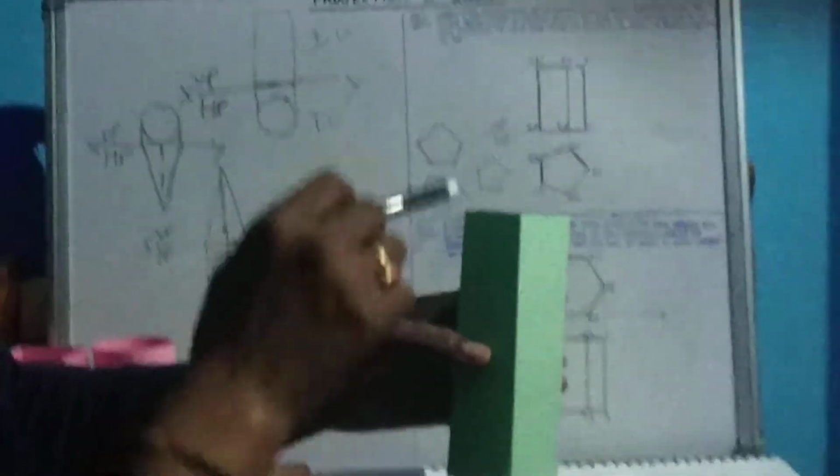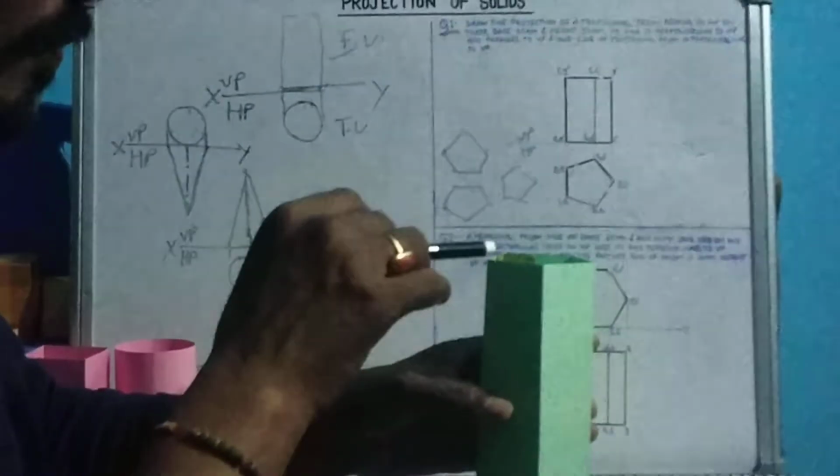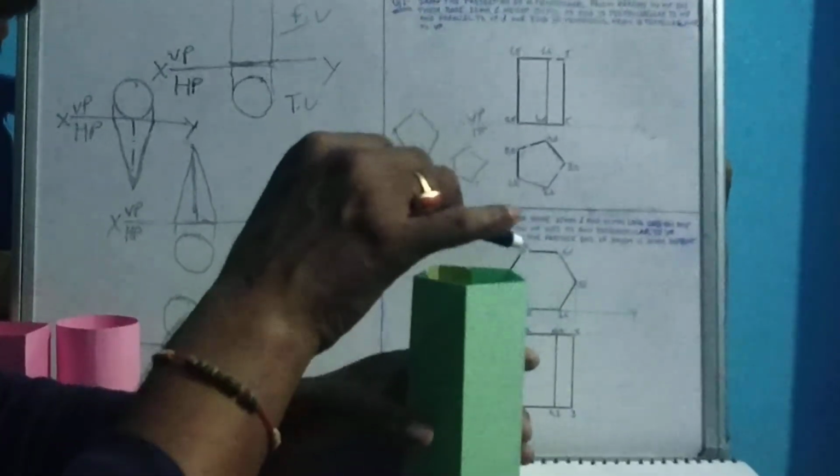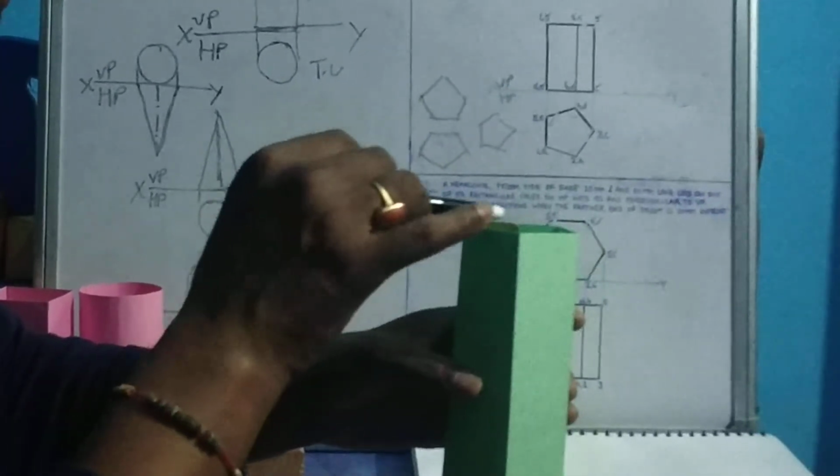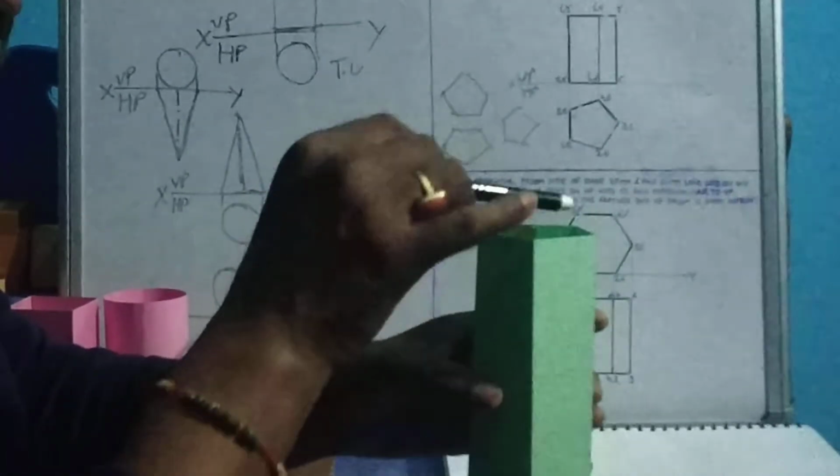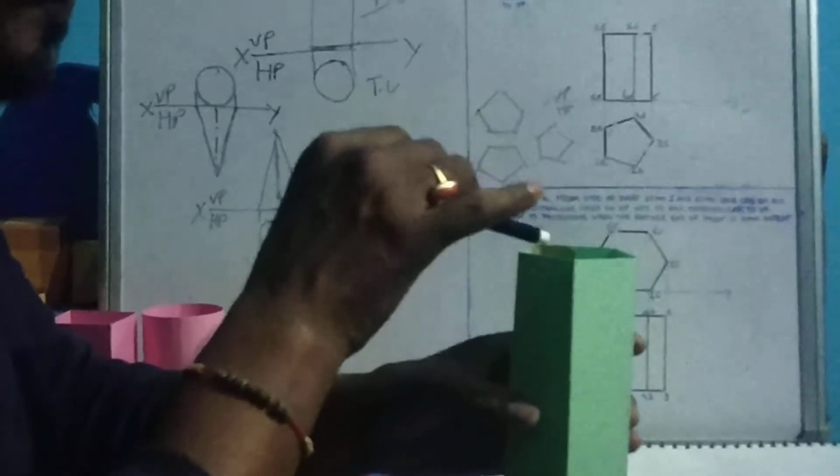here are two bases, one on the bottom and one on the upper face. Consider the upper face has corners 1, 2, 3, 4, 5: first corner, second corner, third corner, fourth corner, fifth corner.